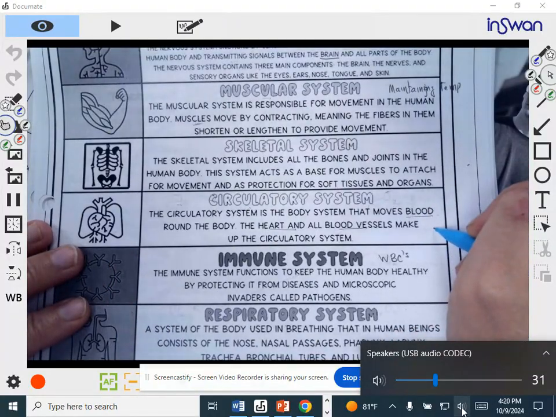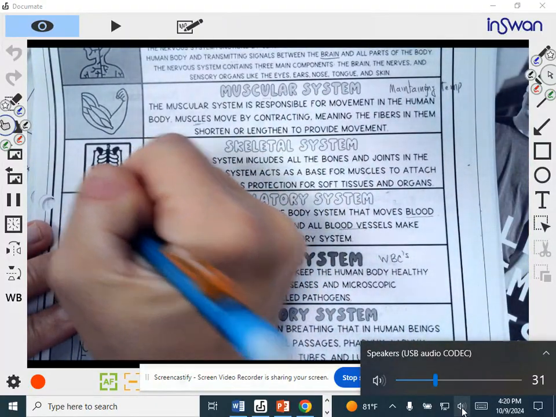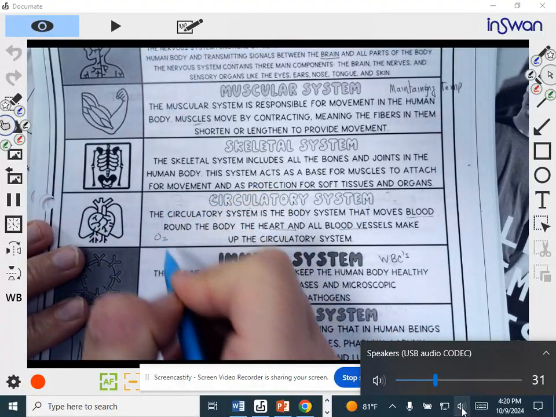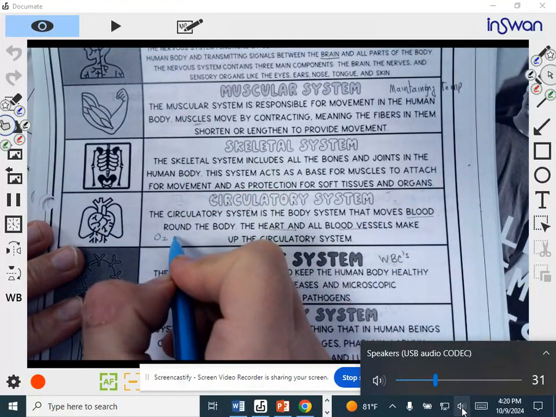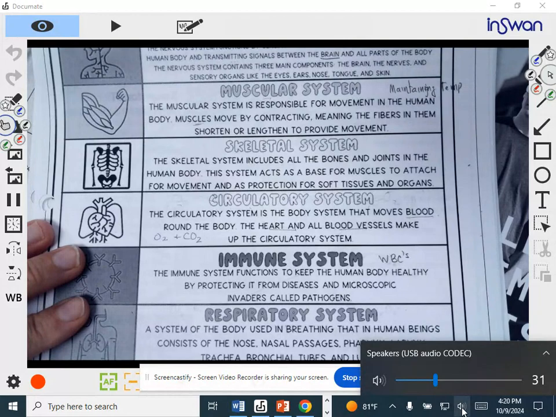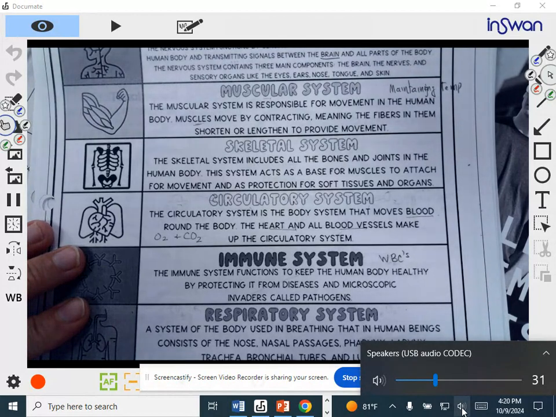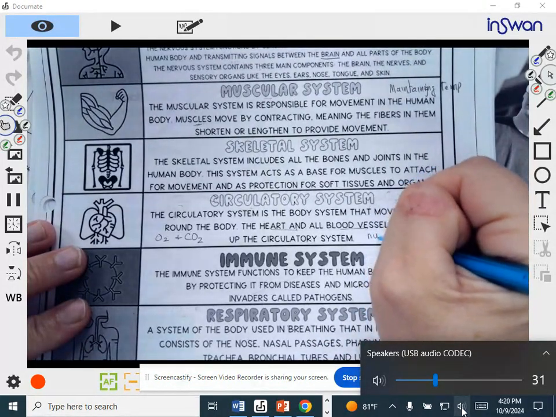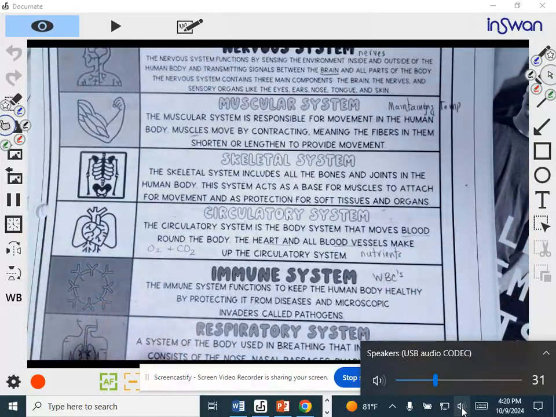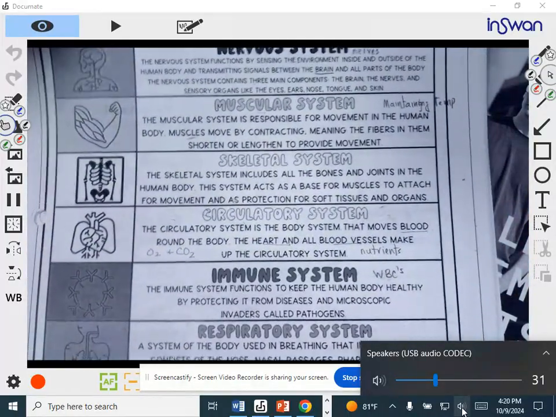So let's just indicate oxygen is being moved around the body, and also a circulatory system is important for picking up CO2 so we can remove it. And also nutrients. So nutrients make their way into the bloodstream, and the bloodstream carries it to your cells.